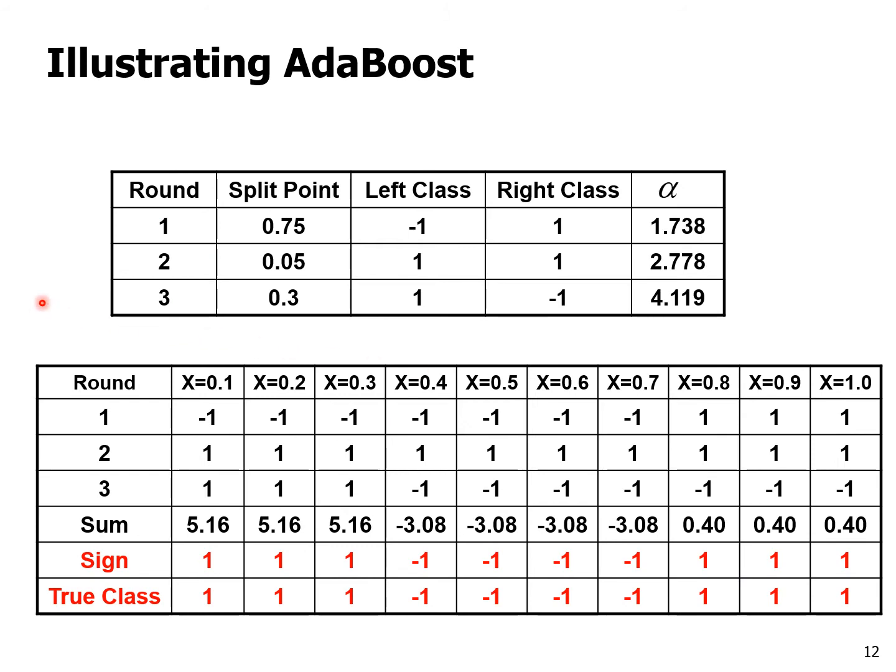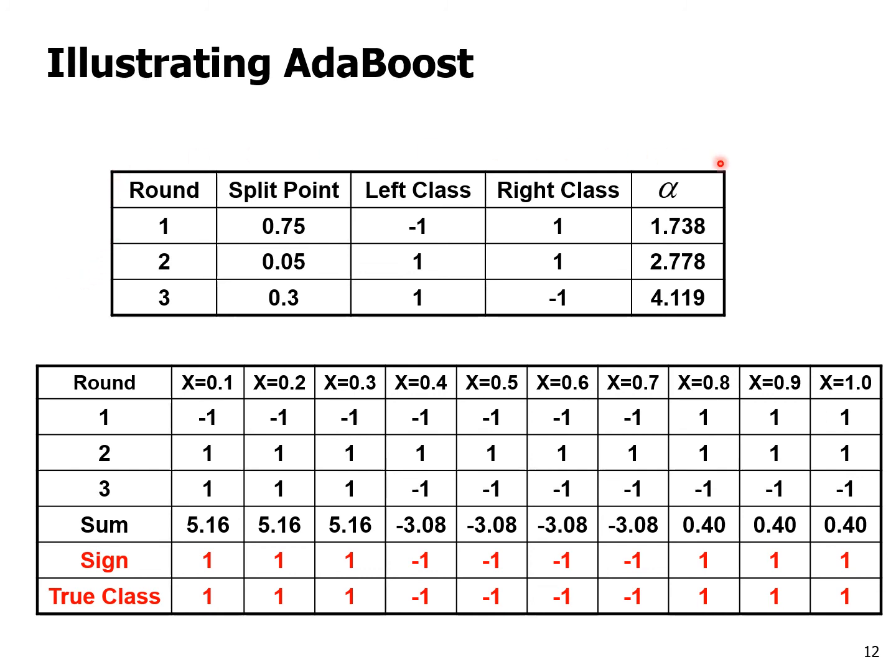So we have three rounds of samples, and for each sample we have a classifier. In this case, we have a decision stump. And as you remember, in AdaBoost, each classifier also has its own weight value.